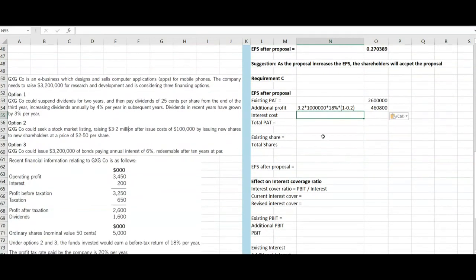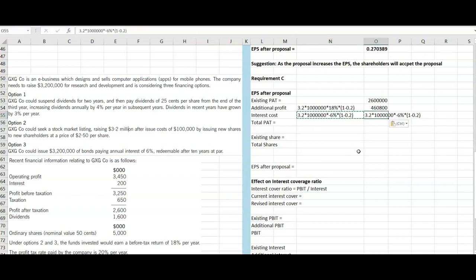Interest cost would be 3.2 million. We'll take the same number, 3.2 million into, we will pay an interest of 6%, and this is the benefit that we get, the tax benefit. So we can work out this number and we'll get an answer. Okay, but this, if you check, is a cost, so we'll have it as a minus.